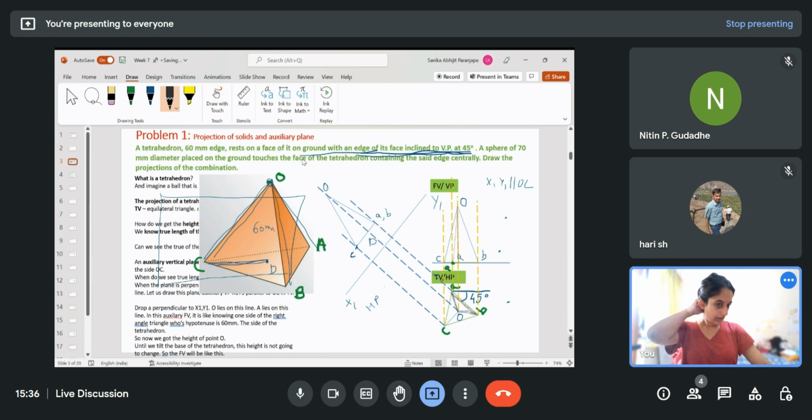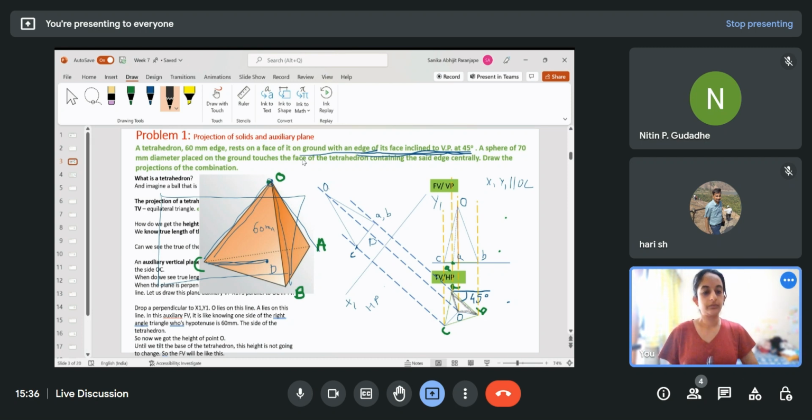Okay, so if any plane is perpendicular to the projection planes, assume that this is my plane and I'm projecting it on this vertical plane. If it is perpendicular to the projection plane, I will see the projection of this plane as a single line.